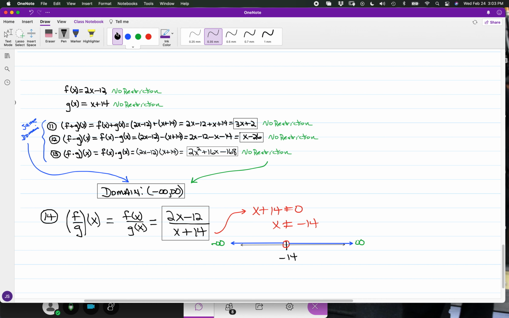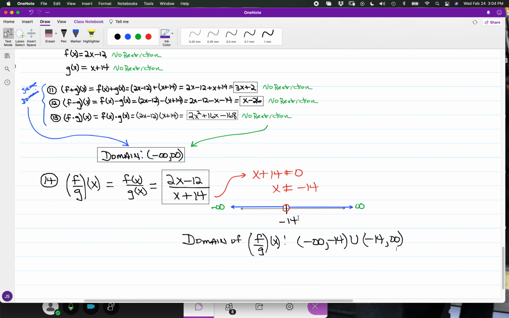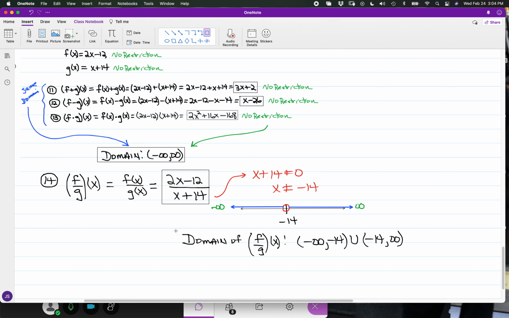And so for the domain of this function, you have those values of x less than negative 14, along with those values of x that will be greater than negative 14. So you have one exclusion, and in interval notation, we have two subsets in the formation. Okay. All right.